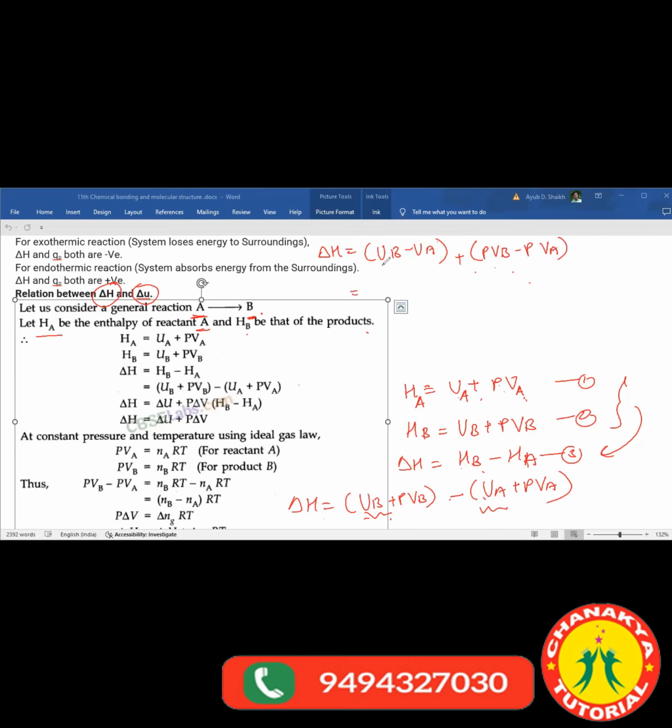So this is nothing but the change in internal energy, the product's internal energy minus the reactant's internal energy, which is delta U. Plus, in the second term, pressure is constant so I take it out, and here it is VB minus VA, which is nothing but the change in volume. So I will get delta H is equal to delta U plus P delta V. Clear?